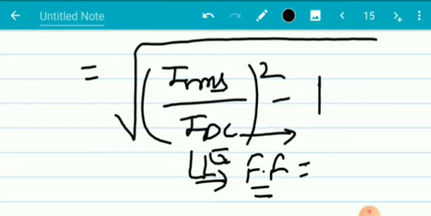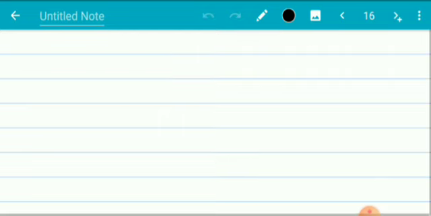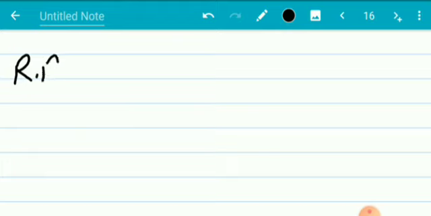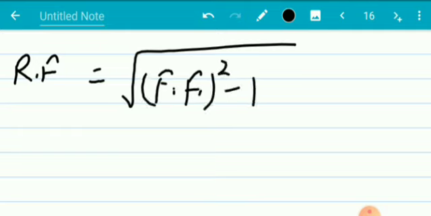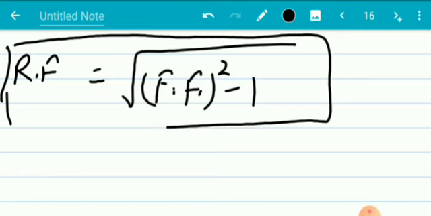So from here we can write the ripple factor is equal to under root of form factor square minus 1. So this is the relation between form factor and ripple factor. Instead of calculating the RMS value of the ripple, if we know the form factor, we can directly calculate the ripple factor from there.